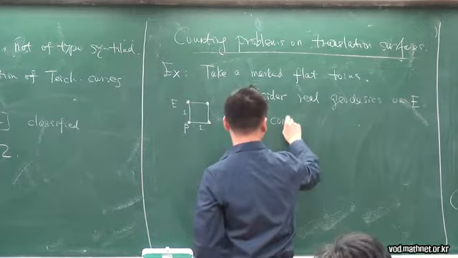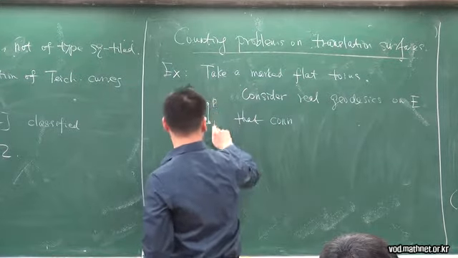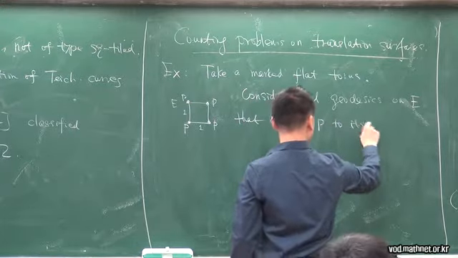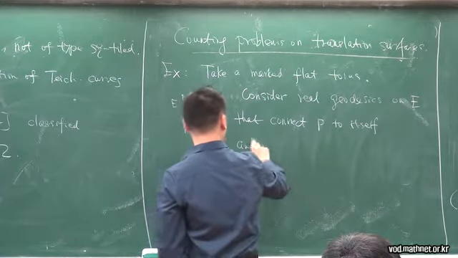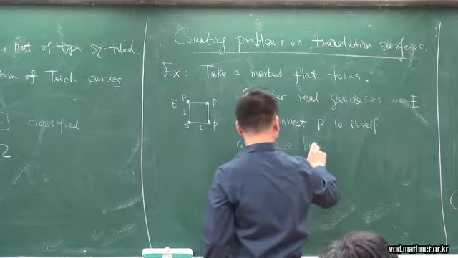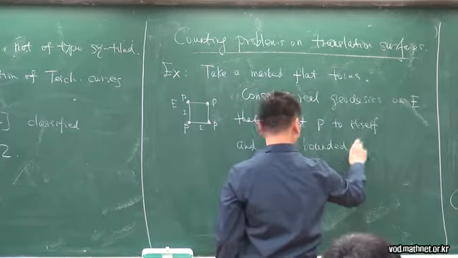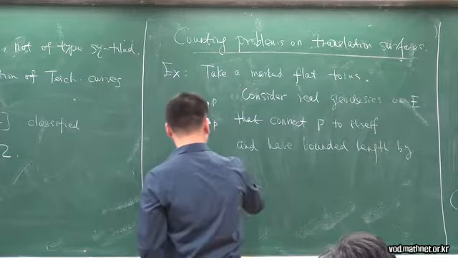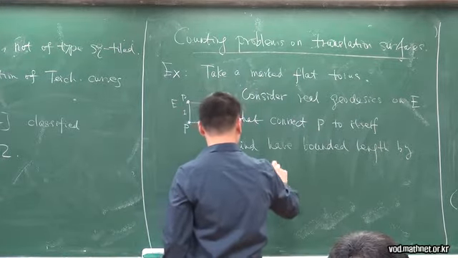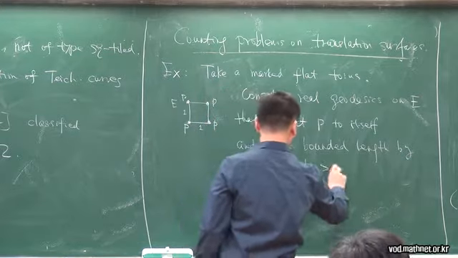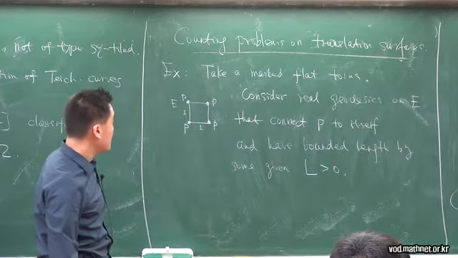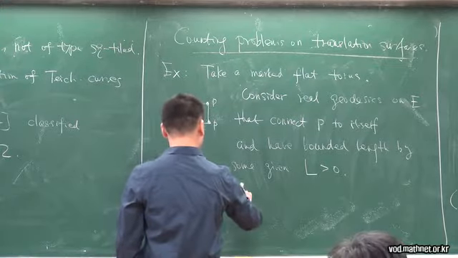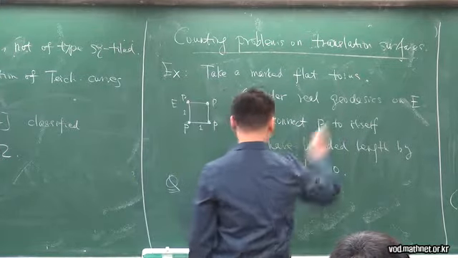Consider those geodesics that connect P to itself and have length bounded by some given positive integer L. And the question is, how many such geodesics are there?